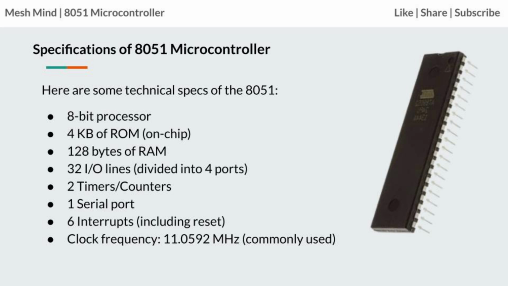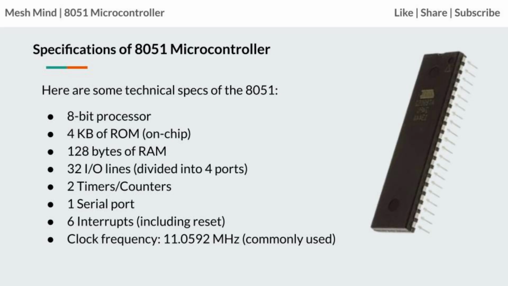Then, specifications of the 8051. Here are some technical specifications of the 8051. 8-bit processor, 4 KB of ROM on chip, 128 bytes of RAM, 32 input-output lines divided into 4 ports, 2 timers or counters, 1 serial port, 6 interrupts including reset.